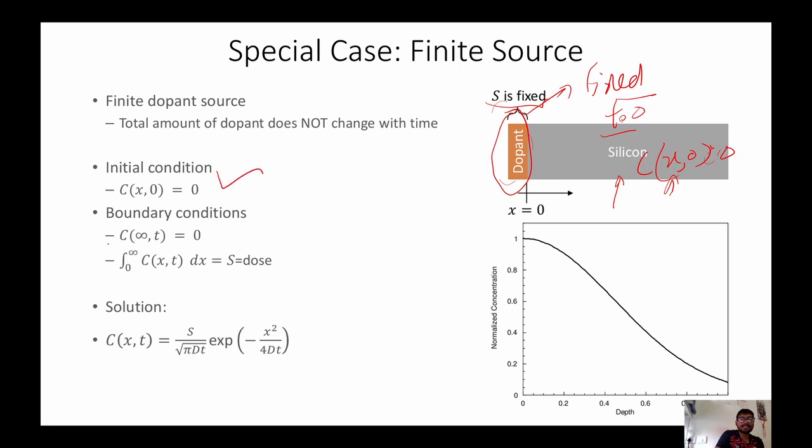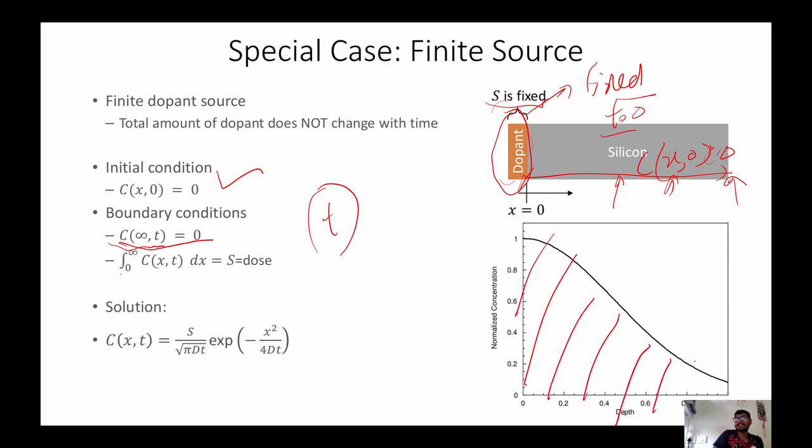Now the boundary conditions: C at infinity, assuming the silicon is very thick, is 0. And the integral from 0 to infinity of C(x,t) dx at any time t is given by this area, which is the dose, and this dose is constant. These are the two boundary conditions, and this is the initial condition.